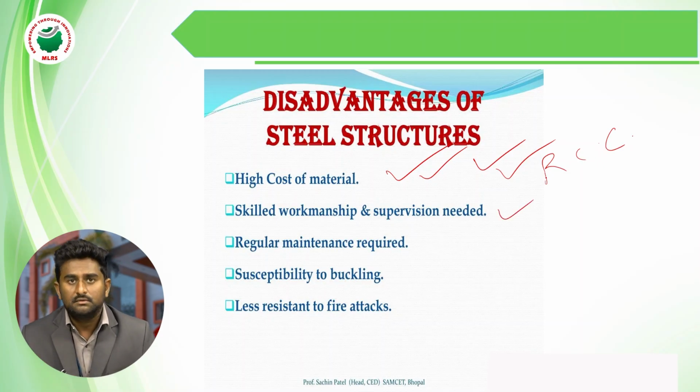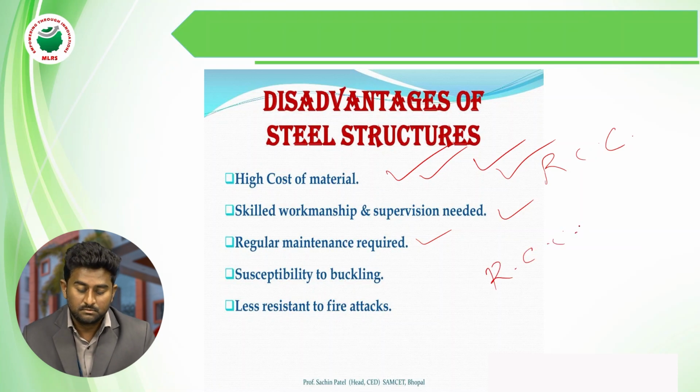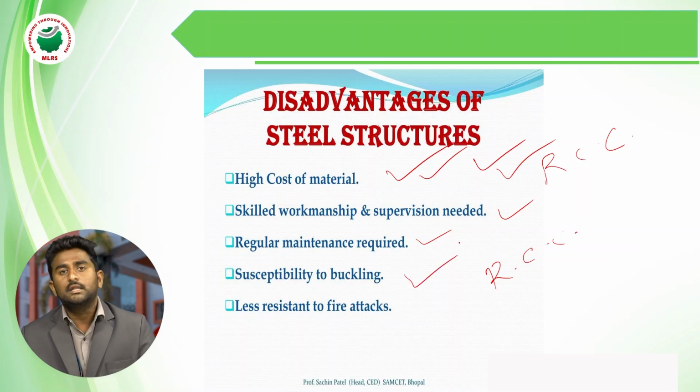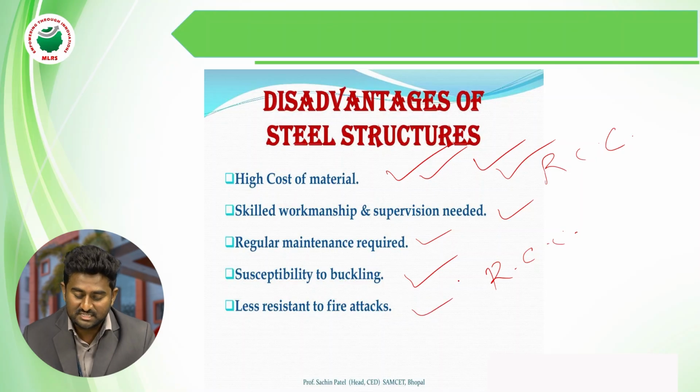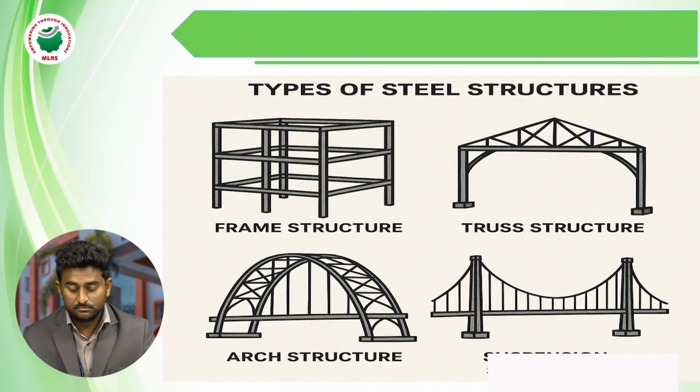Skilled persons work on this type of structure. Supervision is needed for steel structures. Regular maintenance is required for steel structures, while regular maintenance is not required for RCC structures. Susceptibility to buckling of steel structures. Next, they are less resistant to fire attacks.